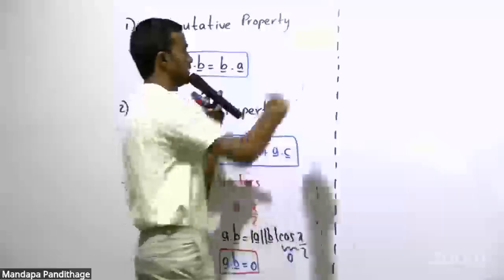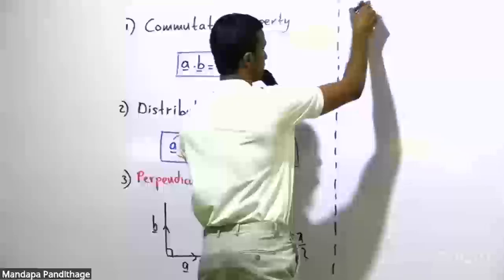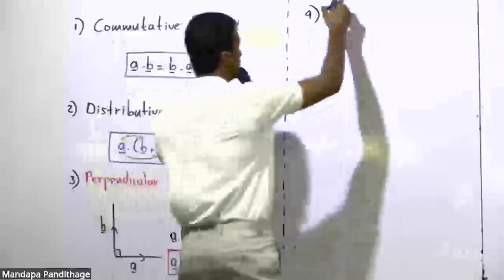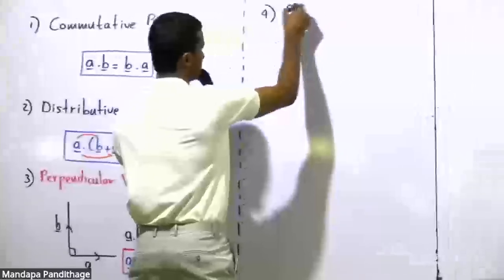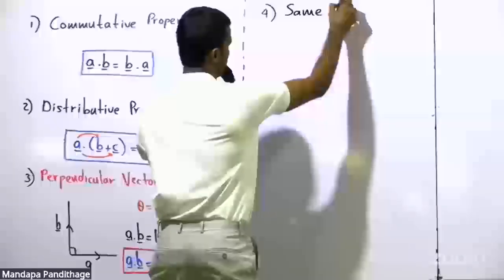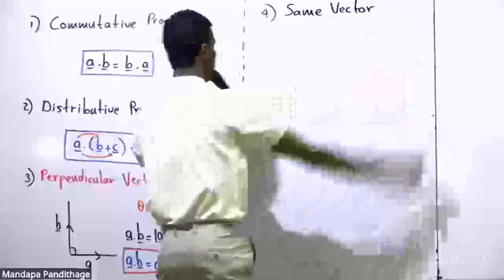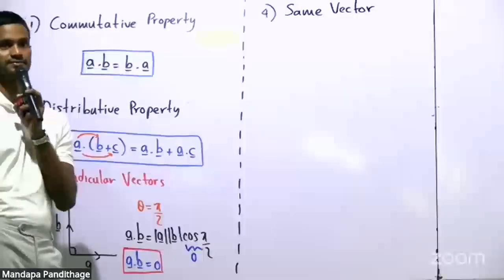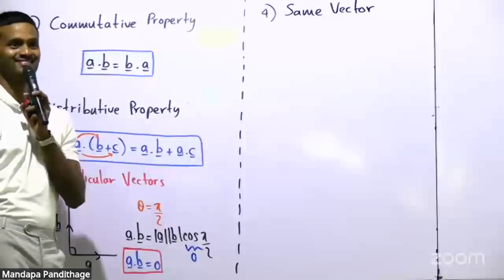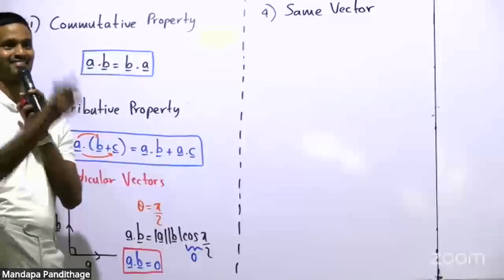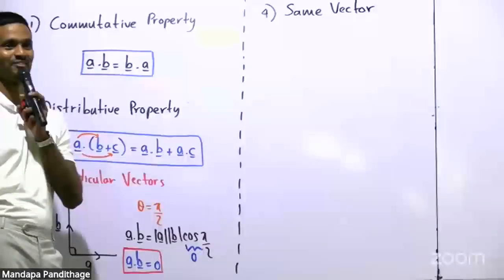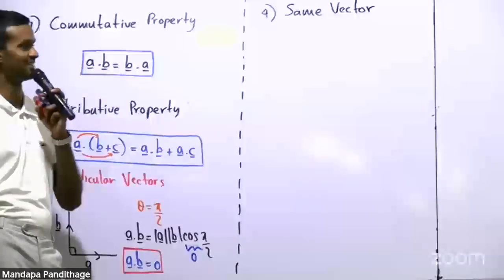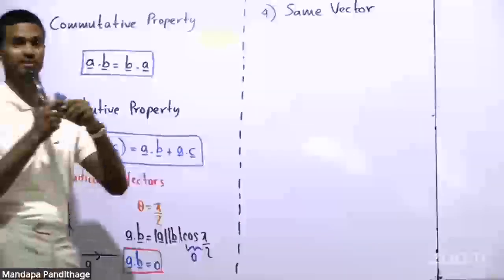Okay, then number 4, the one before the last one. Number 4: dot product of the same vector.